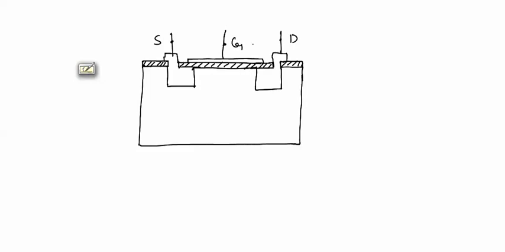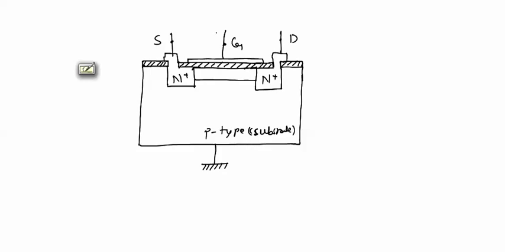Now we will provide biasing to this MOSFET. This is N channel, N plus material source, N plus material drain, and this P type substrate will be kept at ground potential.